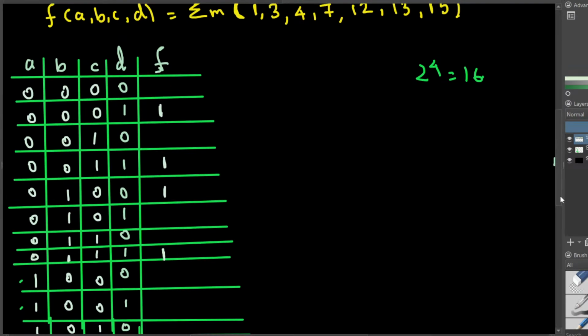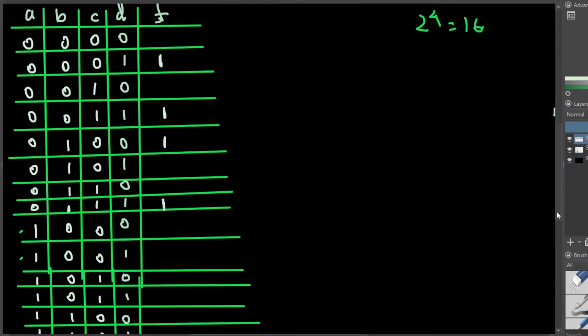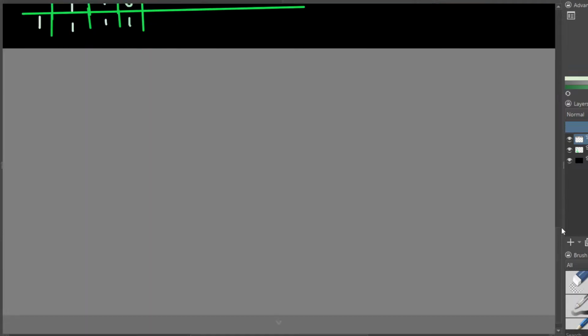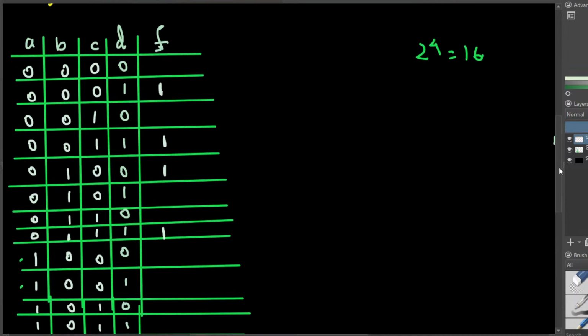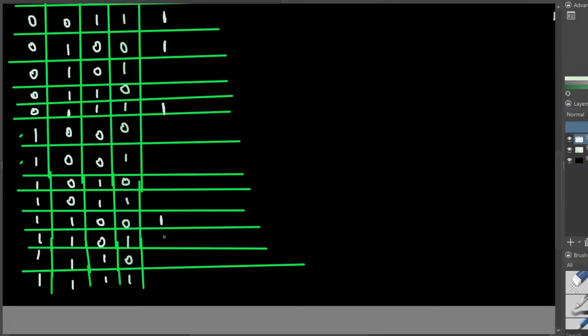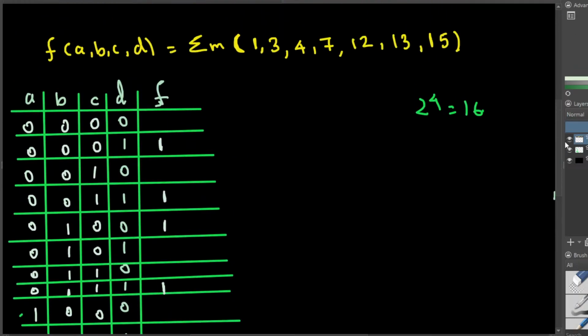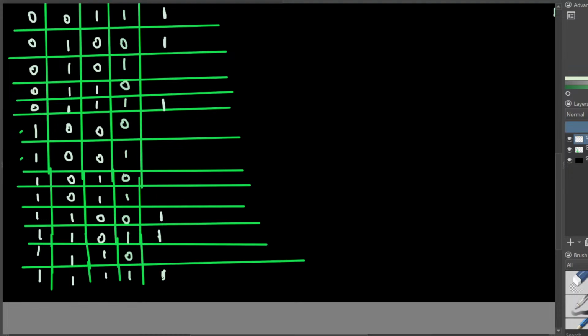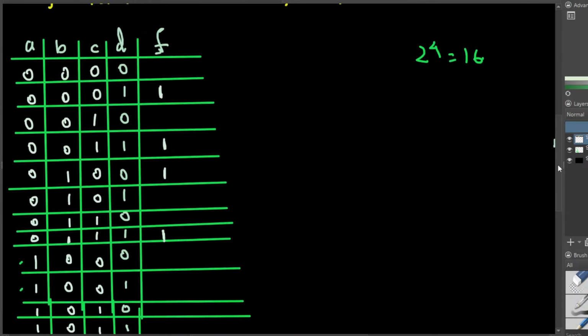Then 1 at 12, which is 8 plus 4, right here. Then a 1 at 13, that's 8 plus 4 plus 1, right here. Then a 1 at 15, this one right here. These are the ones we have, and the others are going to be 0.